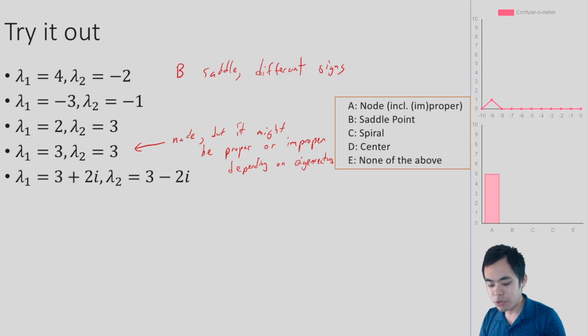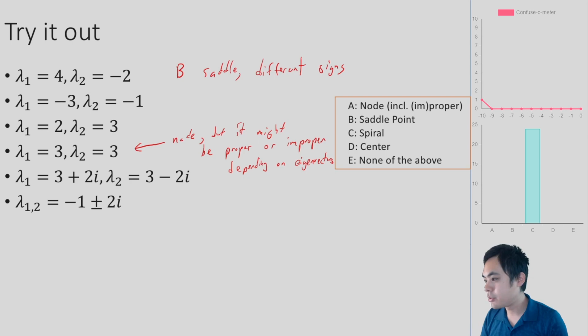Let's try some slightly more interesting ones. What about 3 plus or minus 2i? Yes, this is complex, and it has a non-zero real component, and so therefore this is a spiral. Let's do a couple more. We have -1 plus or minus 2i.